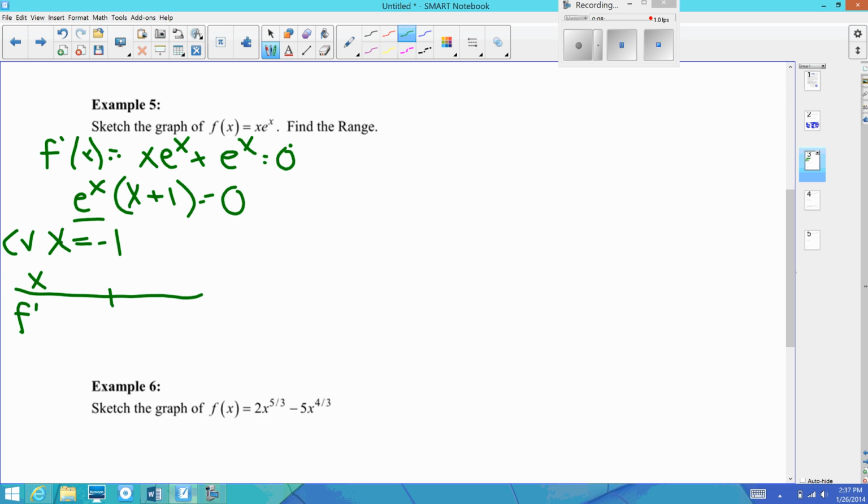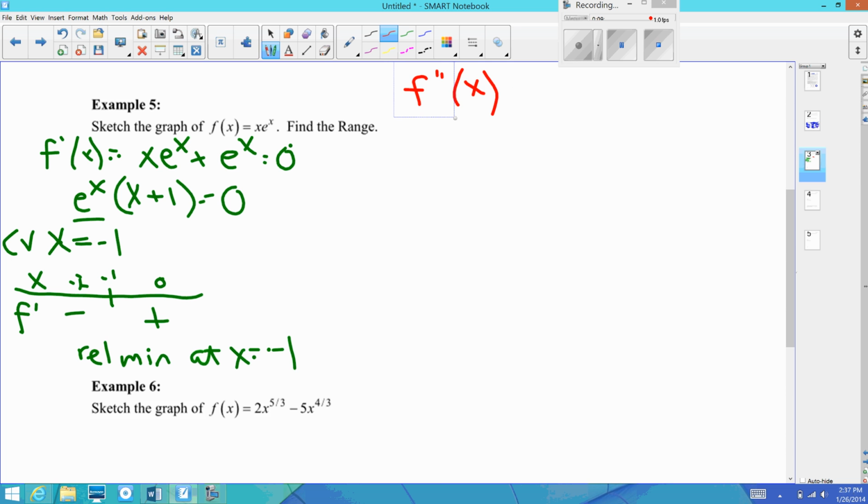Plug that into our chart. Negative 2, we'll see this is negative, this is positive. So then we're going to have a relative min at x equals negative 1. Why not analyze the second derivative? It's not too hard.